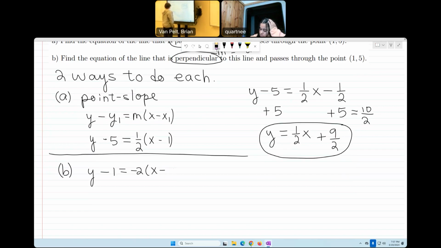So I got y equals negative 2x minus 1. 5 here. This is how your first equation looks like? Yes. Right, so then we got y minus 5 equals negative 2x plus 2.